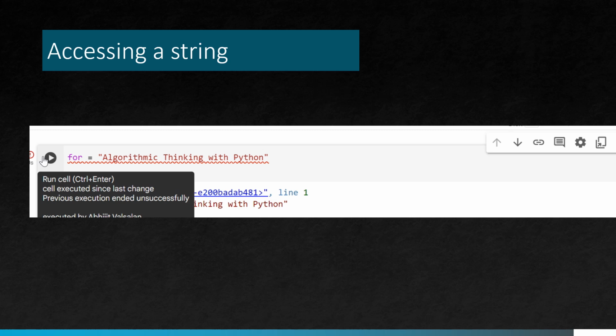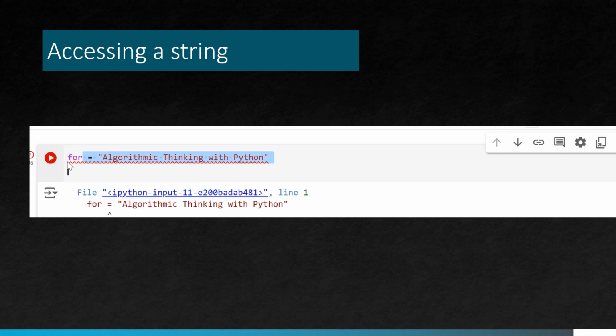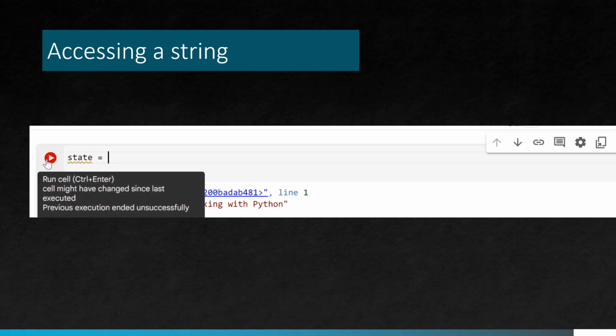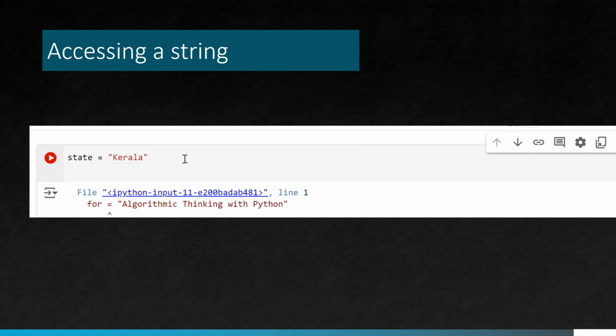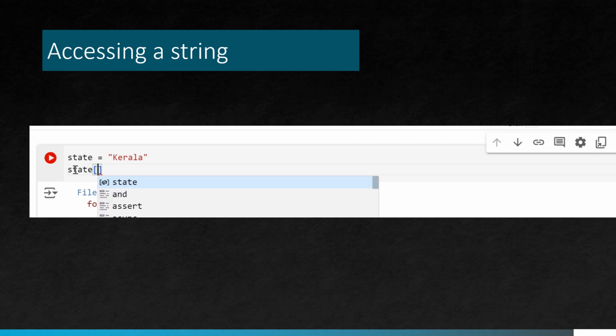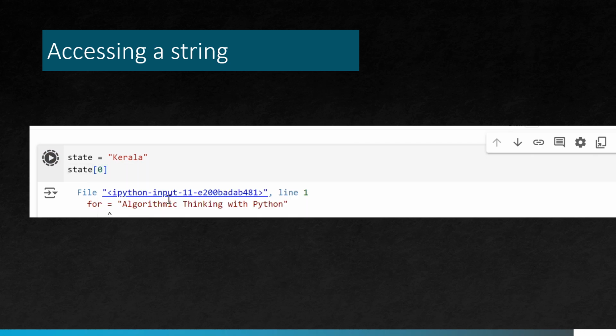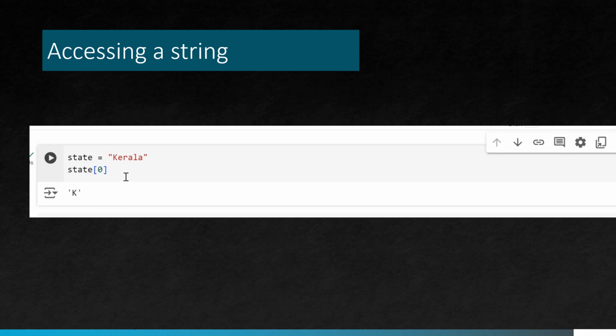Now strings, have you understood how to declare a string? Say I wanted to declare a string called state. I can declare this using double quotes, Kerala, and if I want to get the first letter of the state, I can give 0, I'll get K. And the same variable name I can use again.